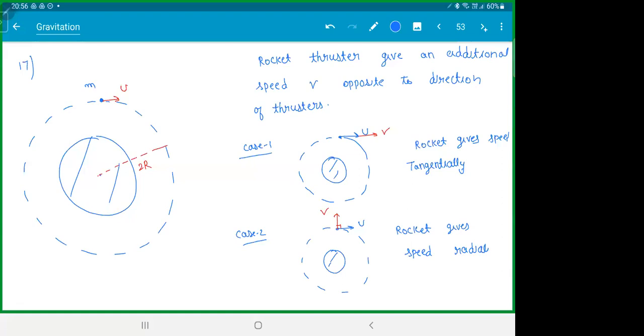So whenever you switch on the rocket, you get a speed v. Now that v you can give in any direction you want. So the question is, find the maximum distance from the center of the planet.